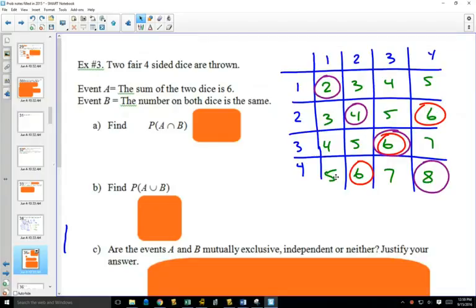So in that sample space, event A has been circled in red, and event B has been circled in purple. So what are your chances of getting A and B? Just 1 out of 16.